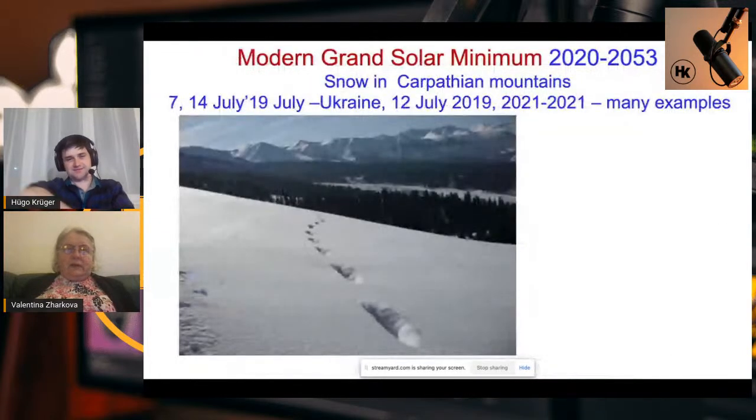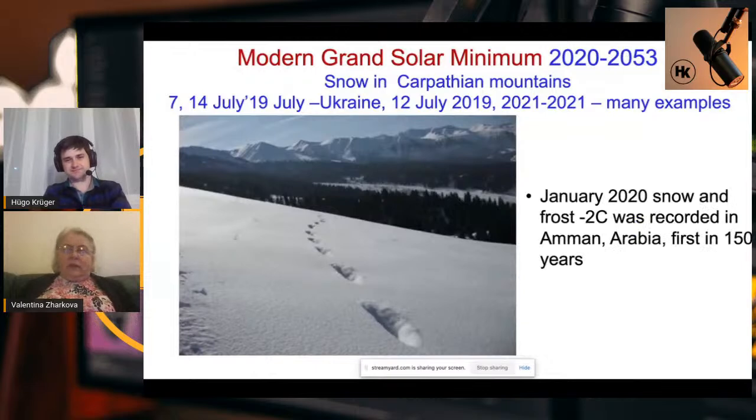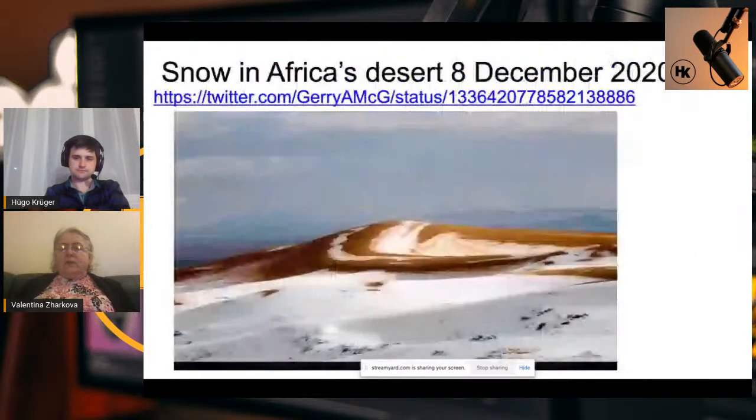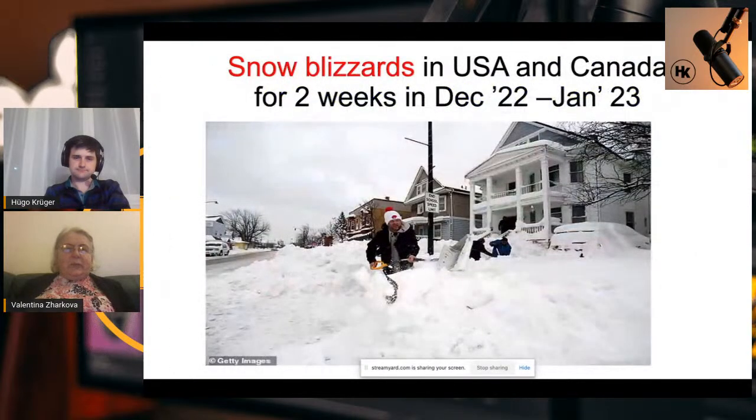Interesting, a steep rise. And these are snows in July in Ukraine at different times. So snow started coming early in 2021, but the most apocalyptic was snow in the US and Canada in December 2022 and January 2023.